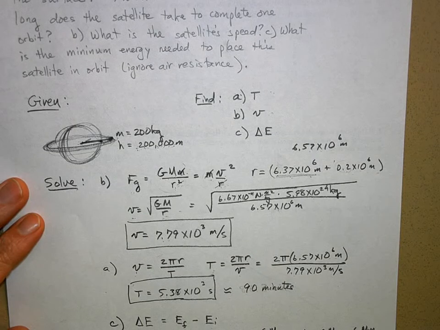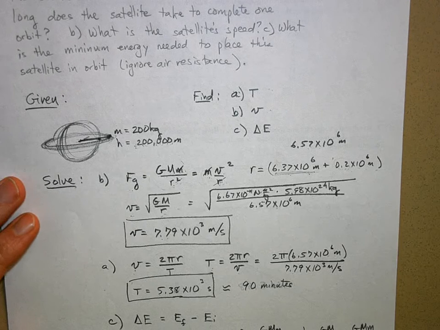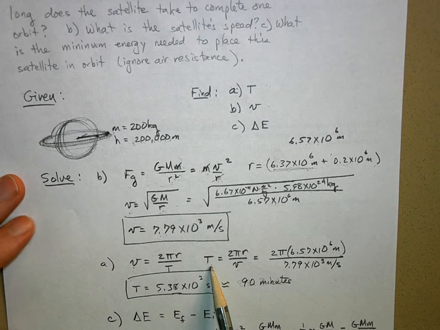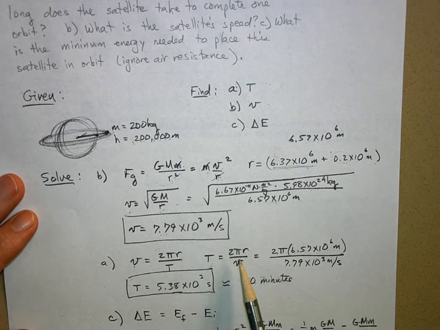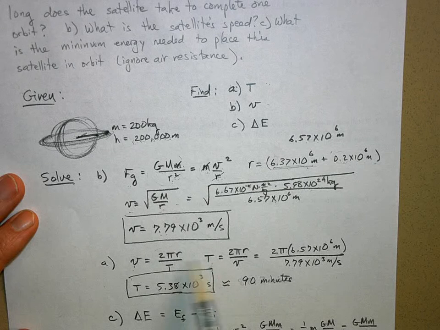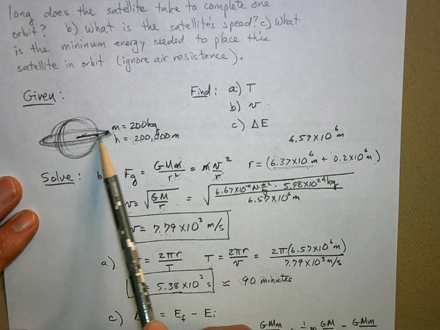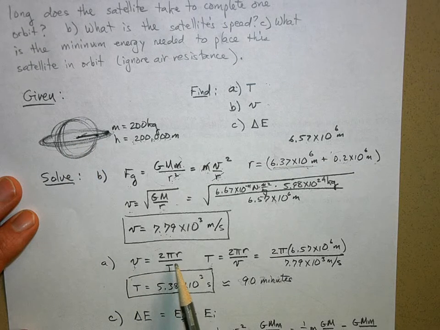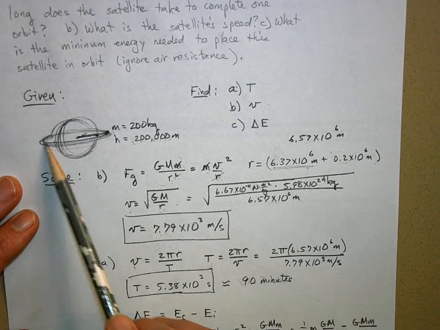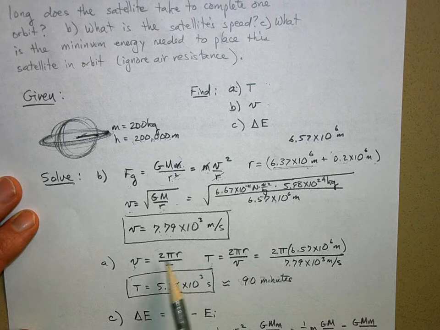Now, what is the period of the orbit? Well, the orbital speed is also equal to the distance, 2 pi r, divided by the time it takes to go around one time, which is the period. So the circumference of a circle divided by the period is my orbital speed.